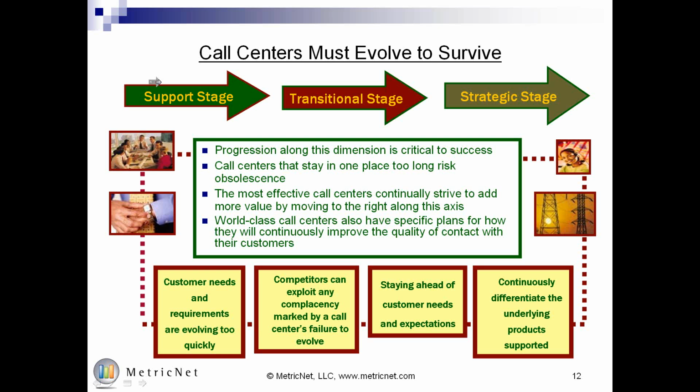But at some point, most support stage or reactive stage call centers begin to recognize that there must be a better way to do things, and they begin to make investments in training and tools and technology to become more proactive, more preventive, more strategic. That is, to turn themselves into a source of competitive advantage, to add value on each transaction. And those that are the most successful at making this migration, this evolution, become strategic.